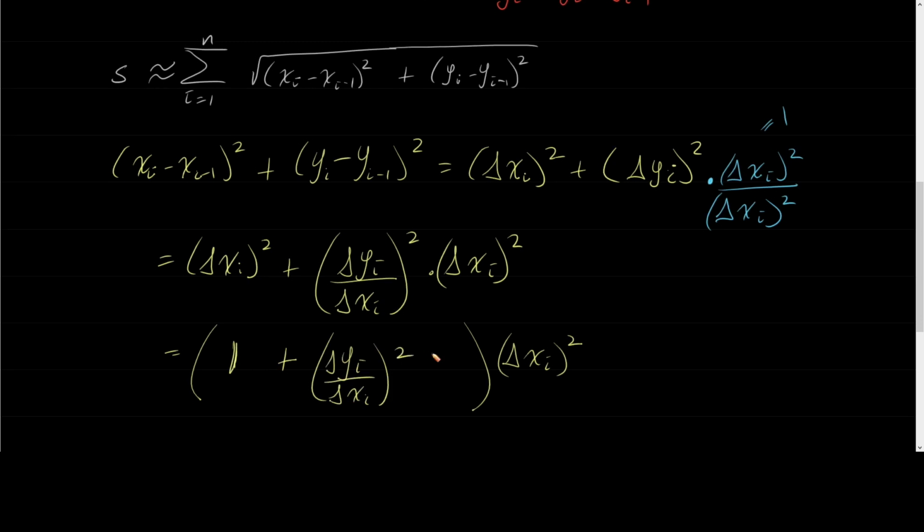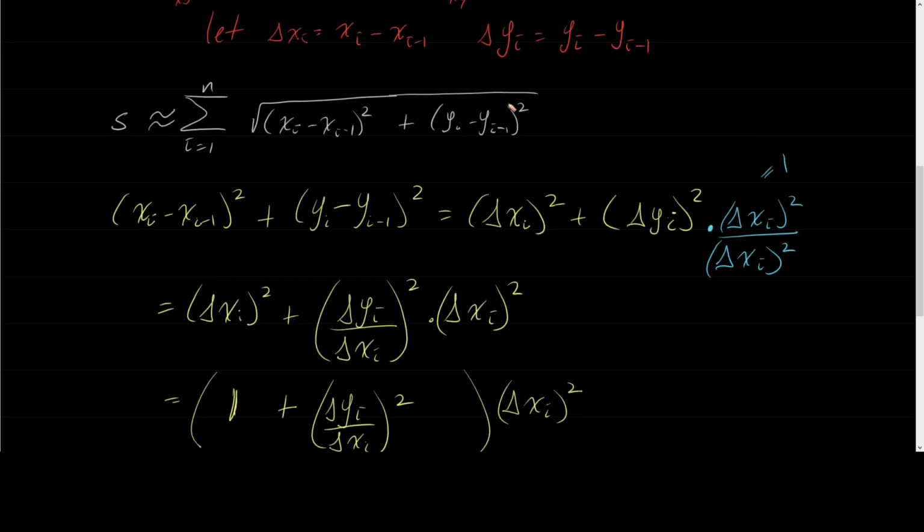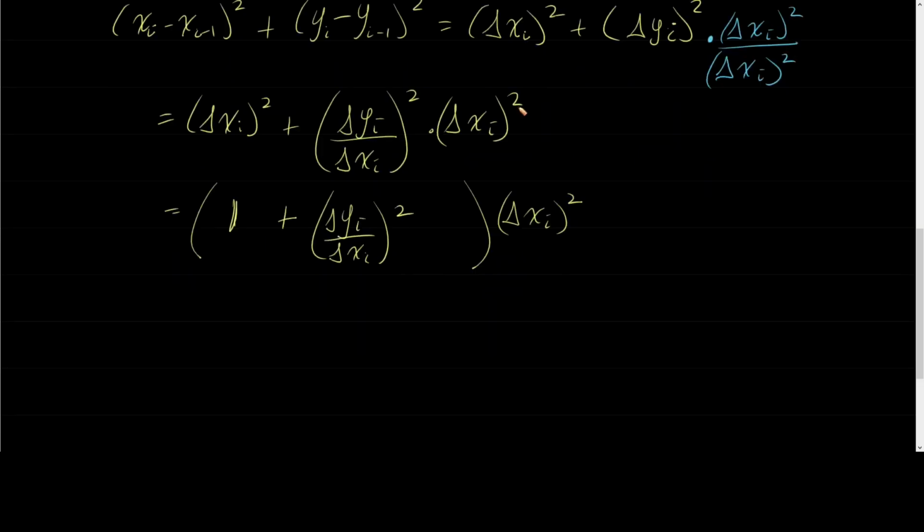Okay. Now, next thing that I'm going to do here. Well, all of this had that square root sign, right? So let's see what happens when we apply that square root sign.